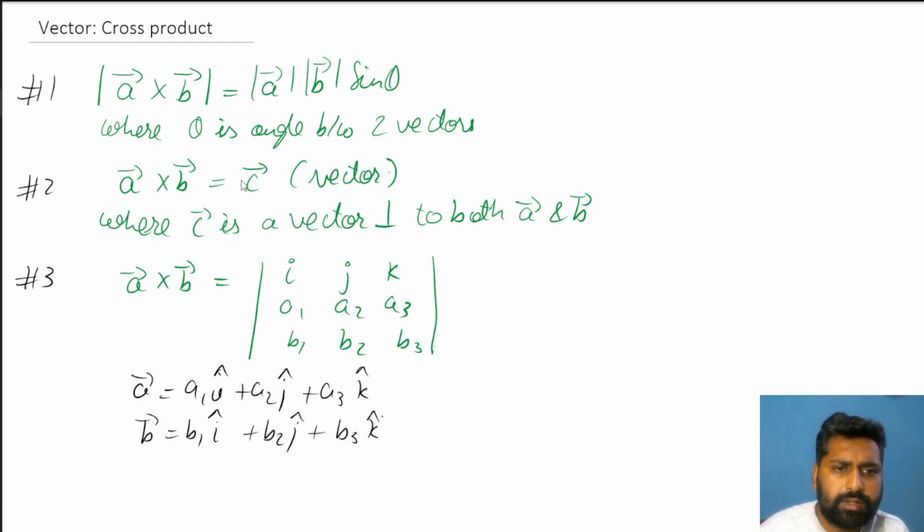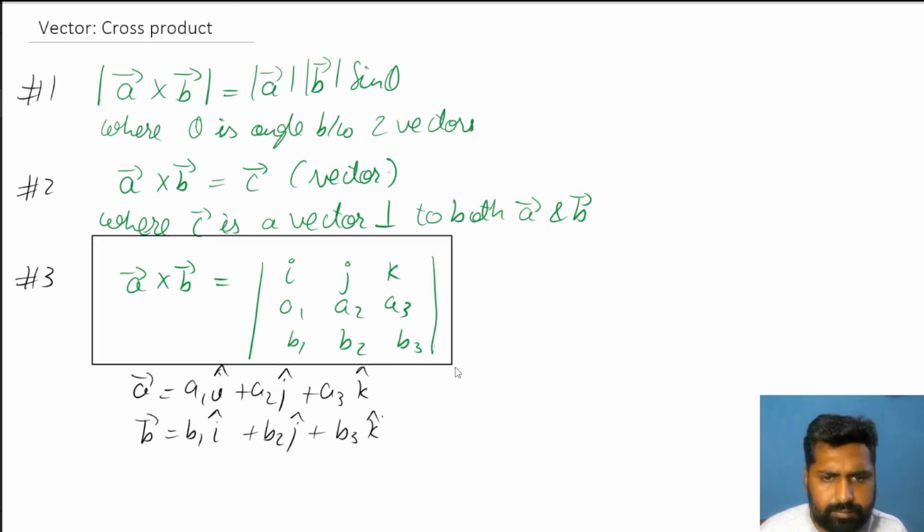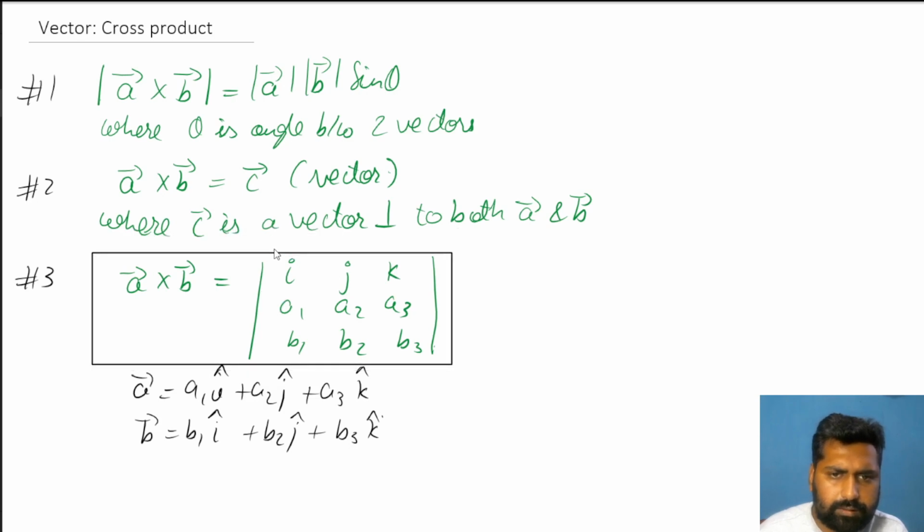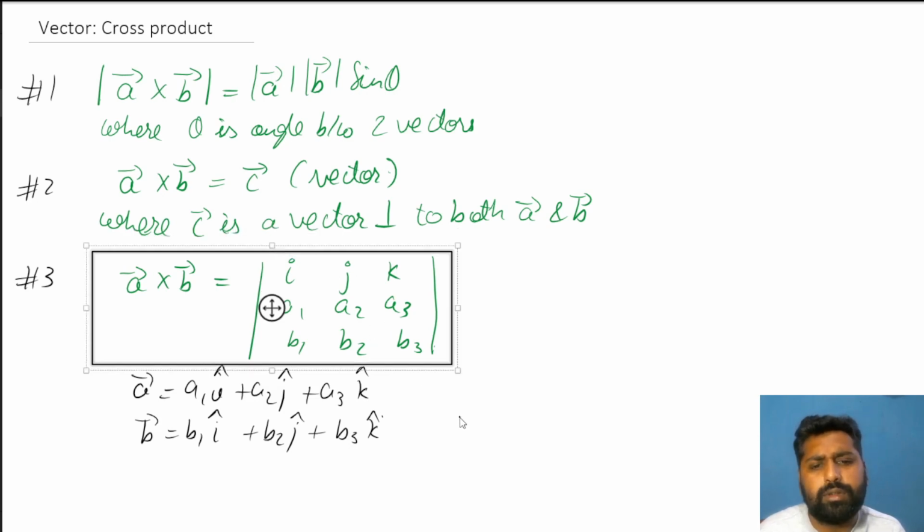So very much relevant, this thing. And more importantly, remember that cross product will be slightly lengthy to do. It will take time, and be very careful, because this is the part where it goes wrong mostly. Any question related to cross product goes around this.